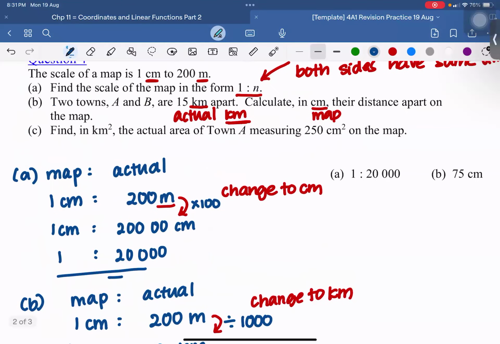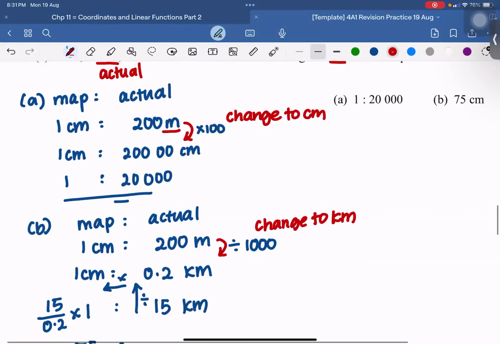Find in kilometer square. Kilometer square, this is the actual, right? So since they want kilometer square, and then this one over here, they want cm square. That means they want cm and kilometer. There are 3 ratios here. Which one should I use?